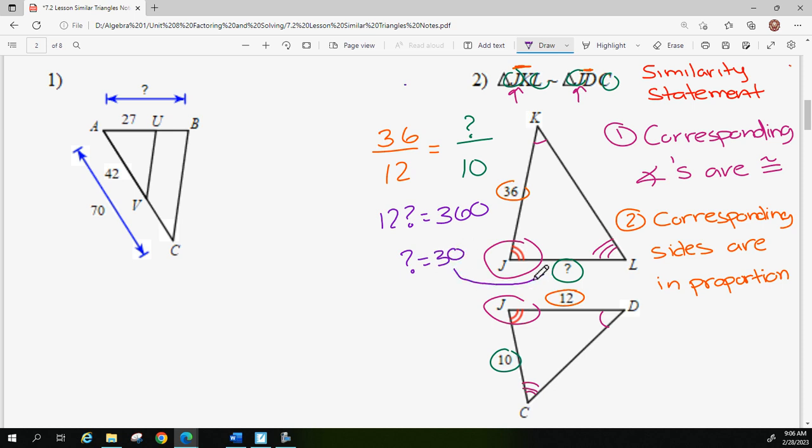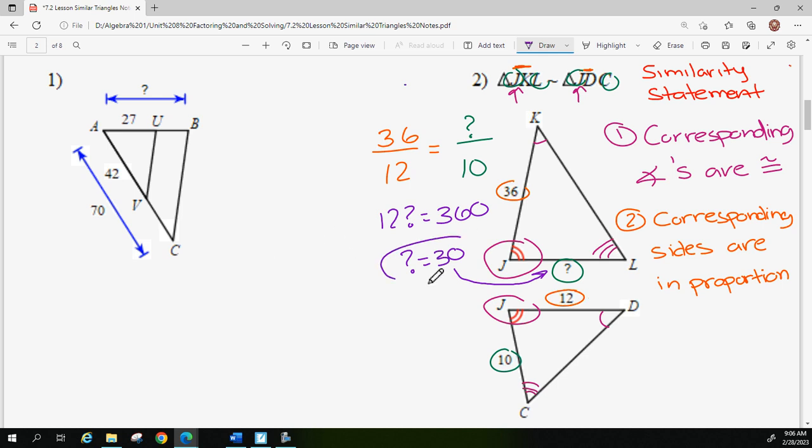And so that means this side is 30. And since this is the bigger triangle, it would make sense that this side 30 is bigger than 10, much like this side 36 was bigger than 12. And so that's one way you can check to see if your answer makes sense.